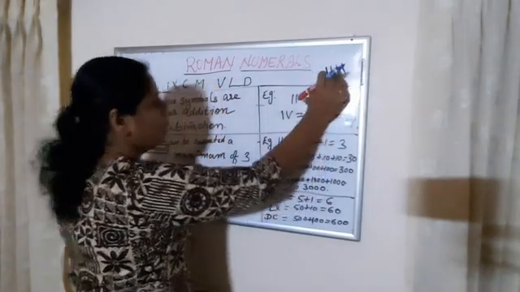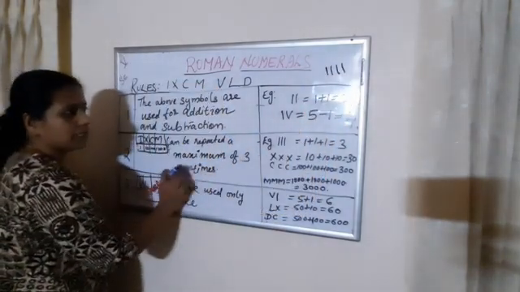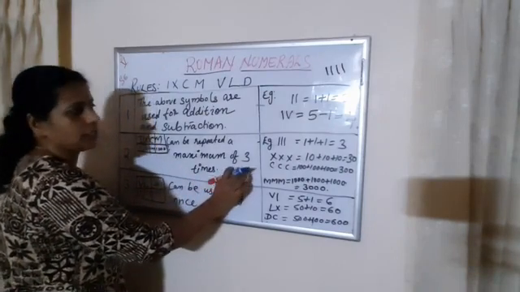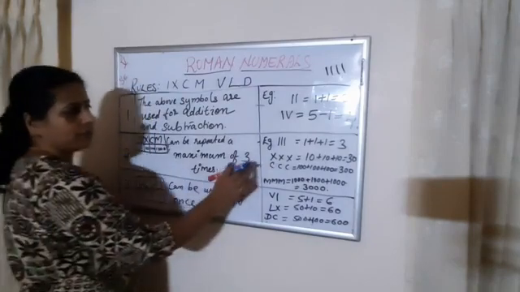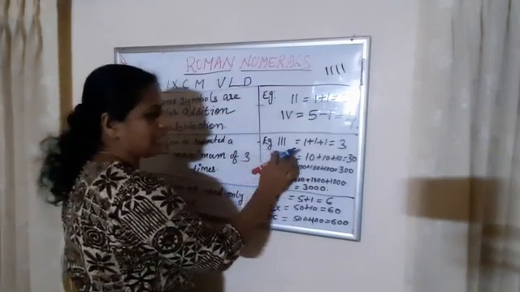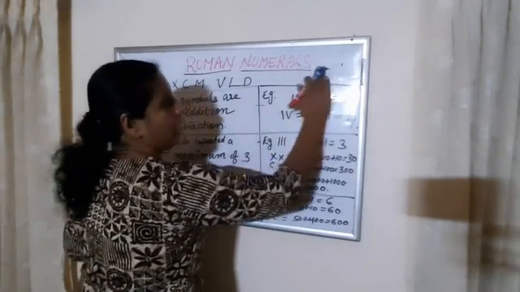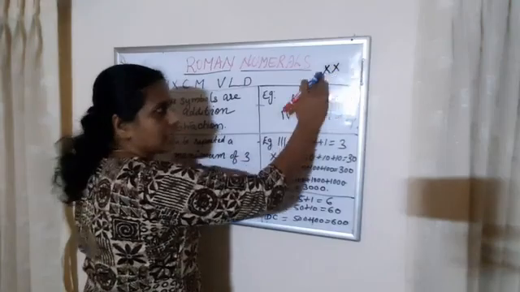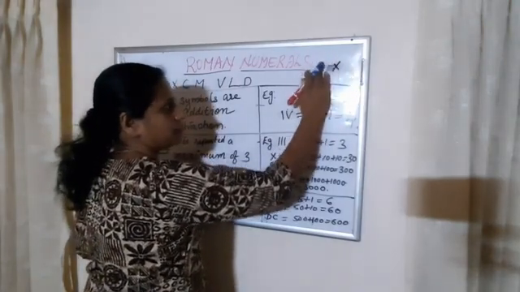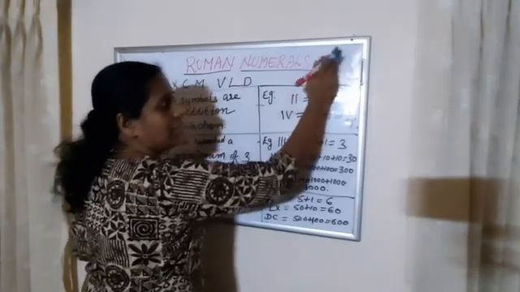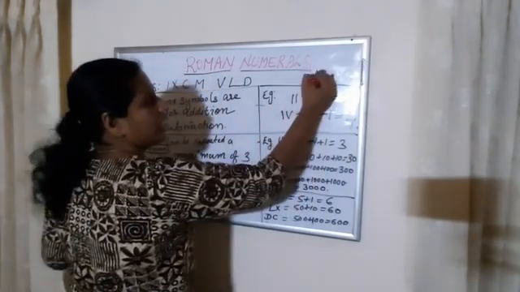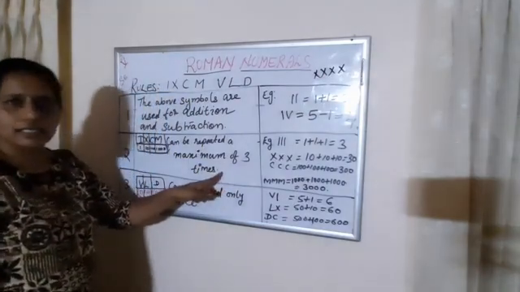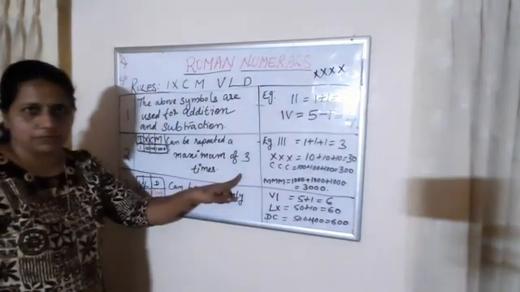You can write a maximum of 3 times only. Next, X, same way. You can write X, and you can write XX because only 2 times is there. But you can't write XXXX. You can only repeat each letter 3 times.